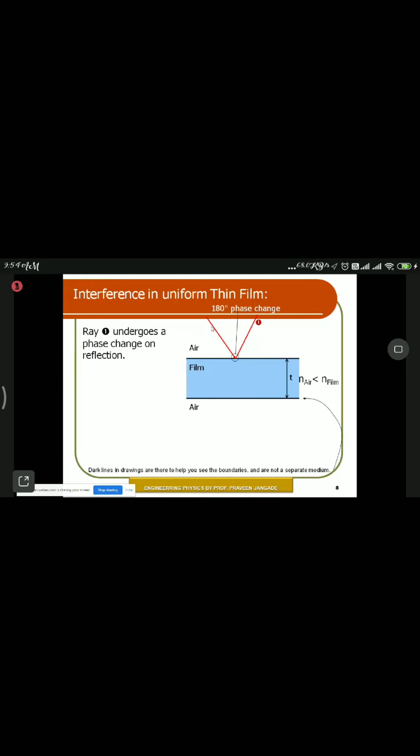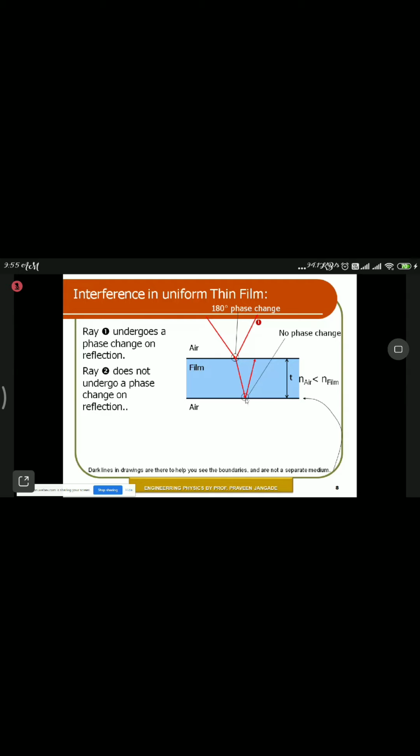Once again I repeat, a beam is incident obliquely on the top surface of the film area, and once it is incident, it gets partly reflected to form ray 1. Next, it gets partly refracted, and then there is an internal reflection, which happens only inside the film area.